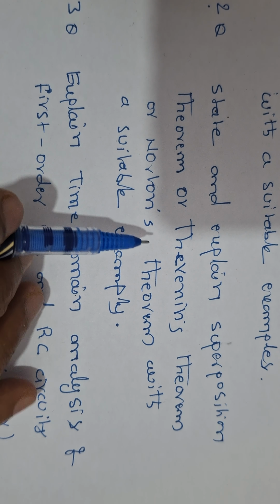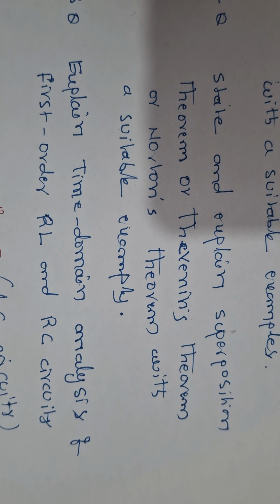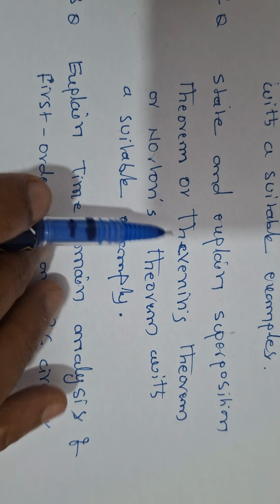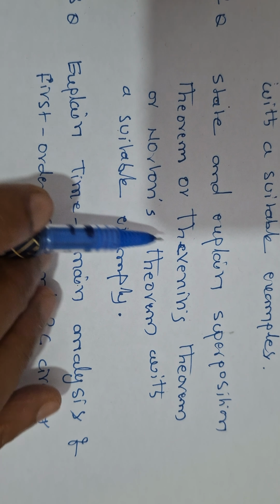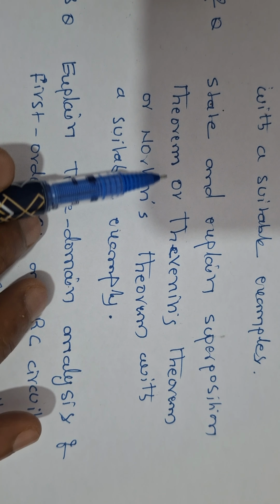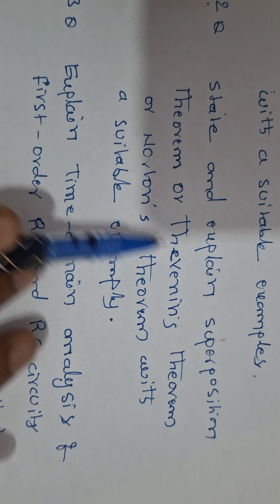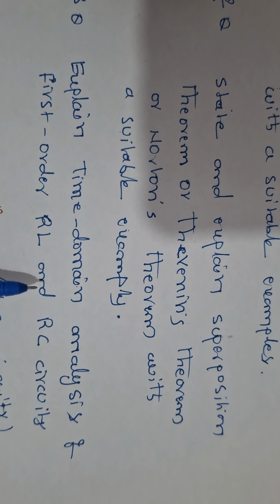The diagram is compulsory, but any one of these three theorems you are supposed to explain, and you will be getting problems on this. Problems on Thevenin's theorem and Norton's theorem are very important, so be careful.